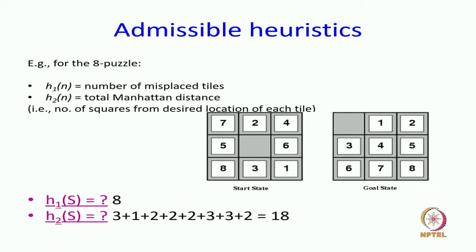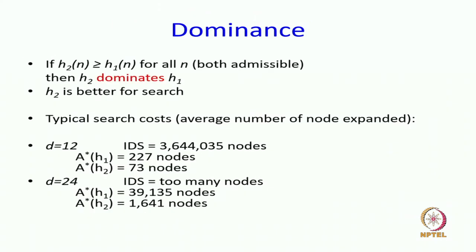Therefore, overall we can say that H2 will always be greater than or equal to H1, and if they are both admissible, that means H2 is, quote unquote, more informative than H1, and the technical term for this is H2 dominates H1. Like if I have H2, I do not need H1, right.